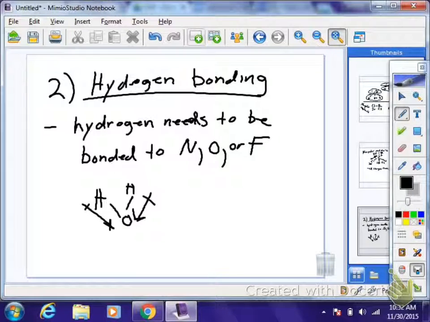So what we know is that there's 2 unshared pairs of electrons down here. If we have another molecule down here, just like that one of water, then the hydrogen bond occurs.